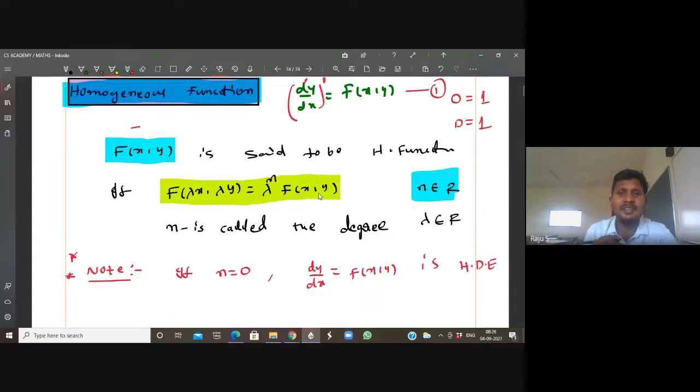But for a homogeneous differential equation, the degree must be equal to 0. When the degree becomes 0, then it is called a differential equation. If the degree is other than 0, then it is just a function.